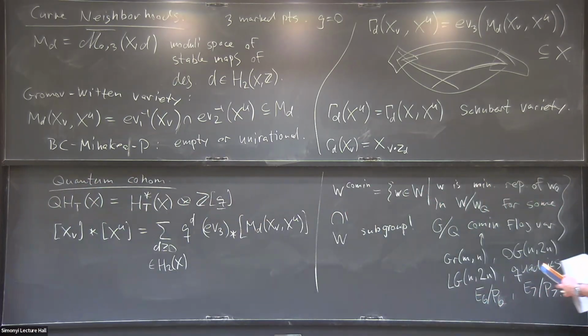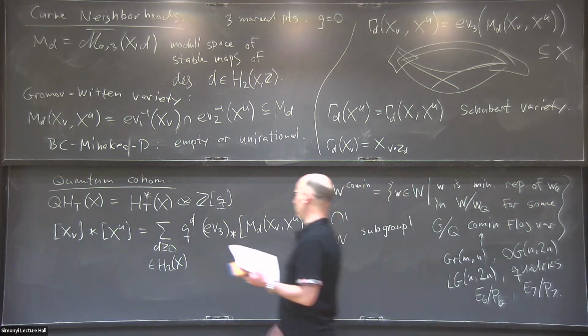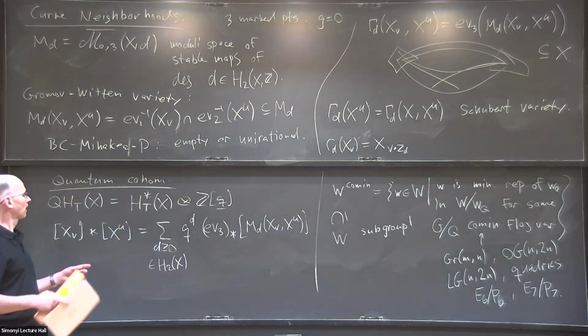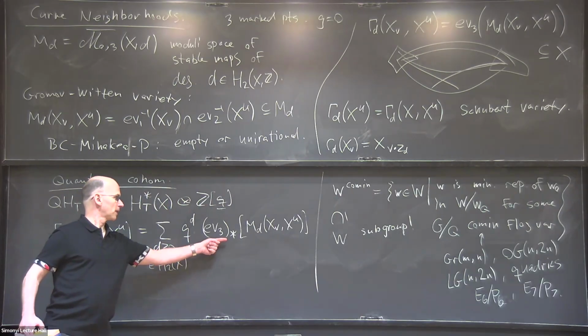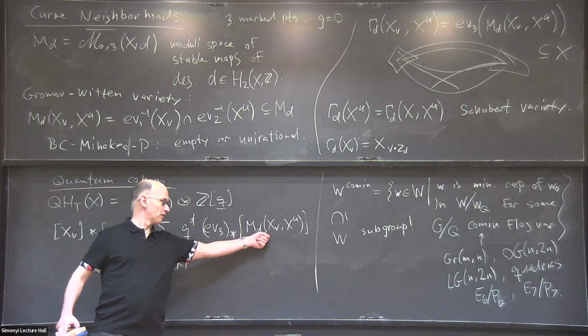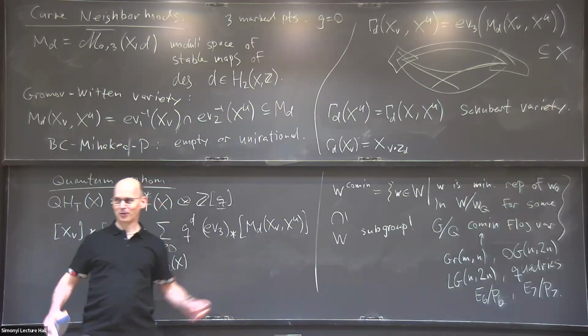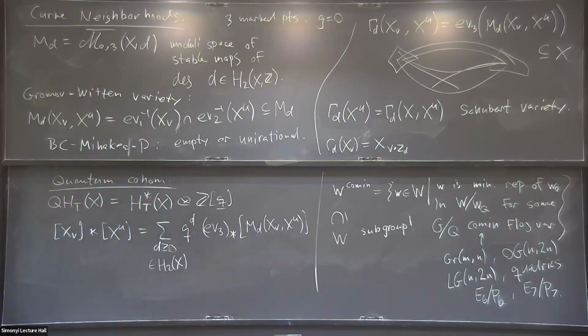Can you give us a geometric intuition why that sum is finite? Oh, that thing is easy, because if we keep increasing the degree, then we keep increasing the dimension of the moduli space. But the flag variety has the same dimension, right?